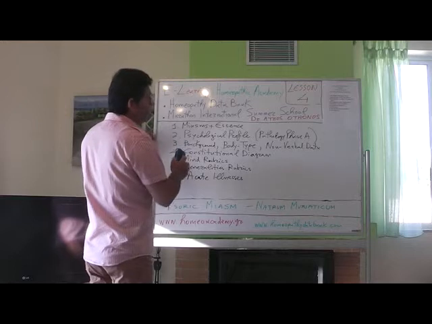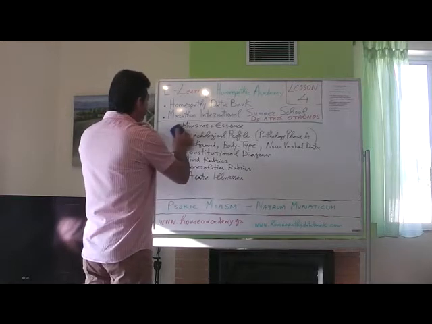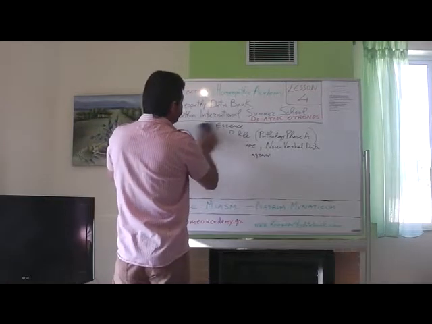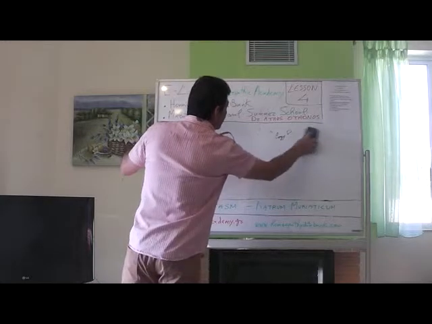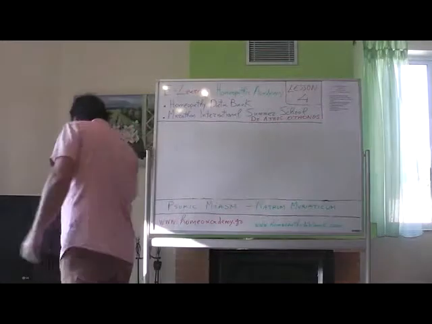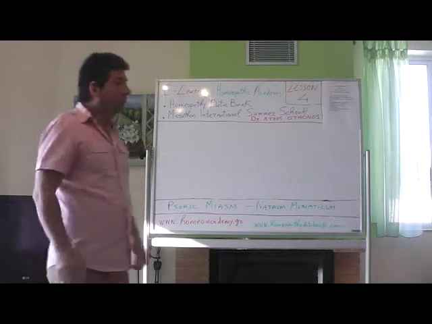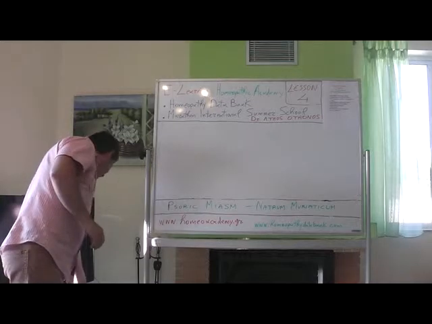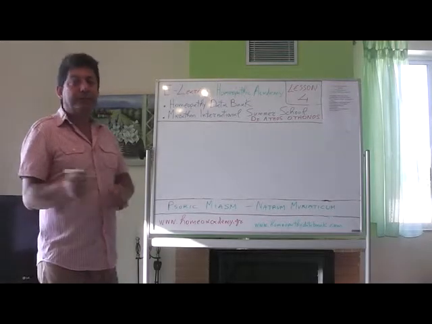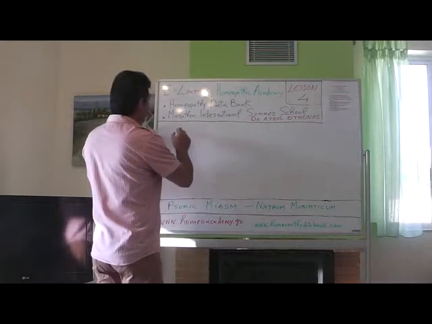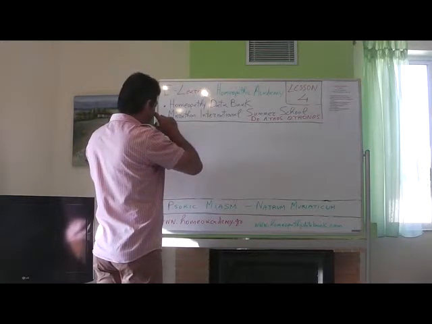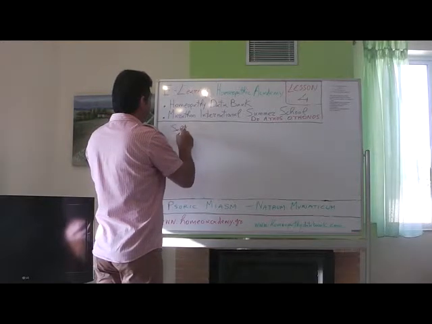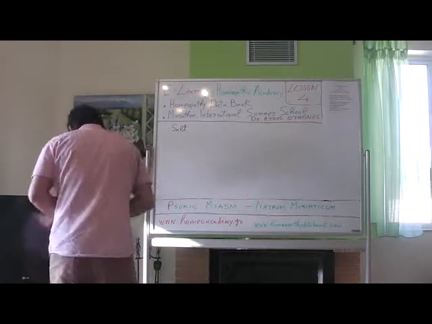Now, let's try to talk about the constitution Natrum Muriaticum. Again, we have to discriminate between three things, as we have said in previous lessons. We have the salt, the mineral.